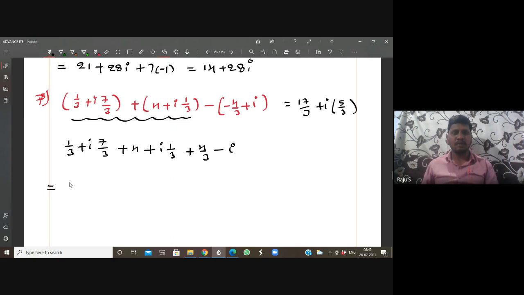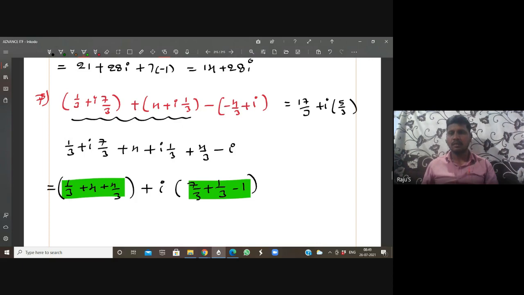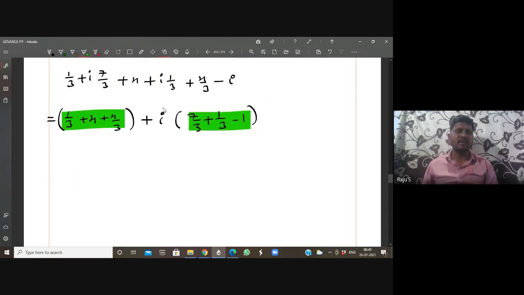Now you can write the real part at one place: 1 by 3 plus 4 plus 4 by 3, all real part at one place. Iota is common. Imaginary part: 7 by 3 here, remaining plus 1 by 3 minus 1. Now simplify this. Is it difficult to simplify? Take LCM.